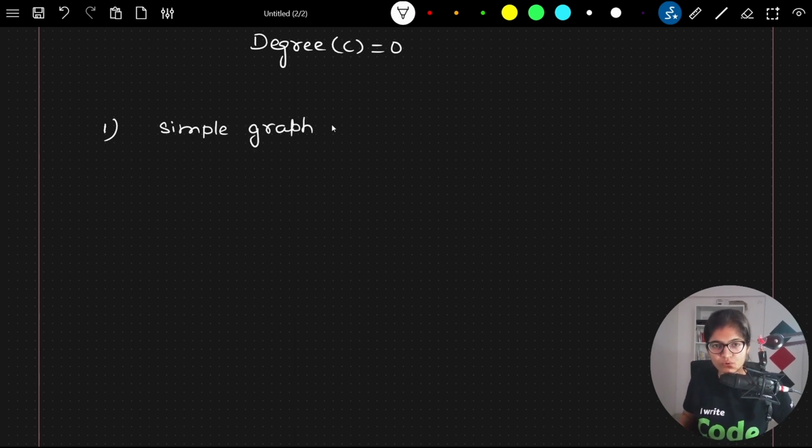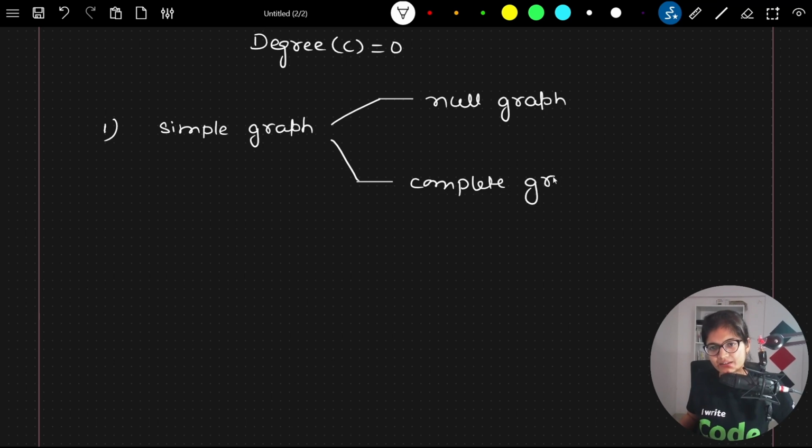In a simple graph, we have two different components or names, the null graph and the complete graph. Apart from that, we also discussed what we mean by multi-graph.